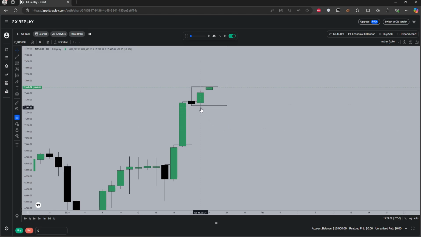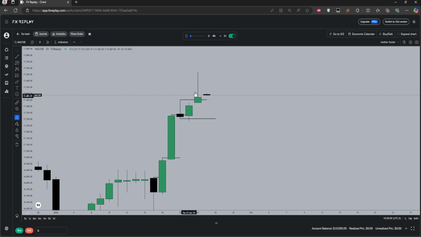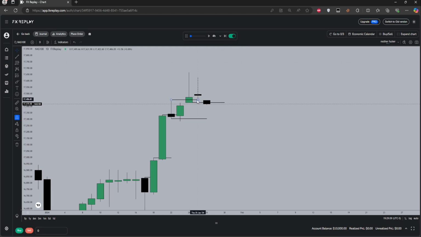Why? We close with a wick down there, and it runs over here. Bearish close, but we did body close above this. But since the close is so bearish, we can assume that we run for these lows here. And as I said, we run for the lows.